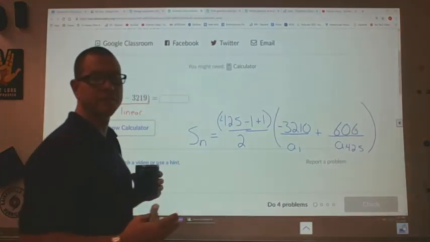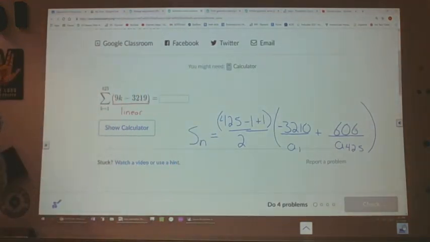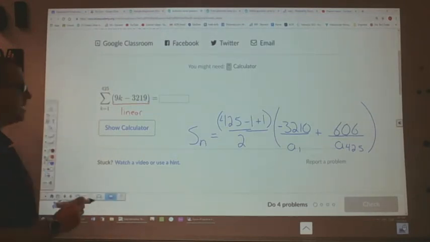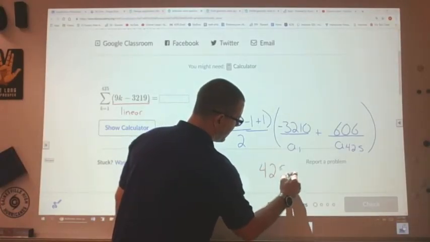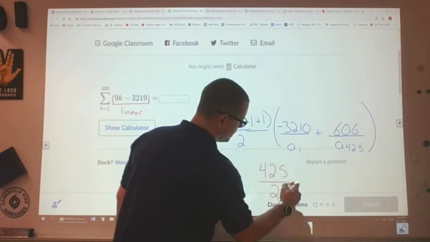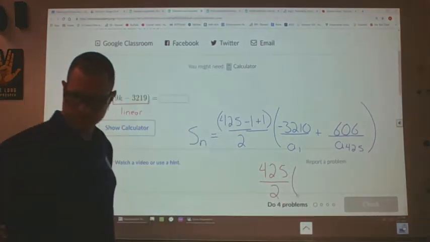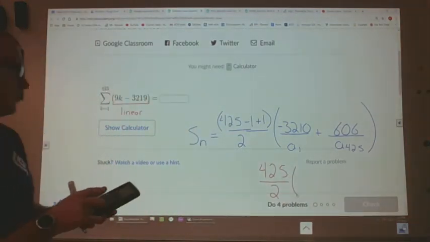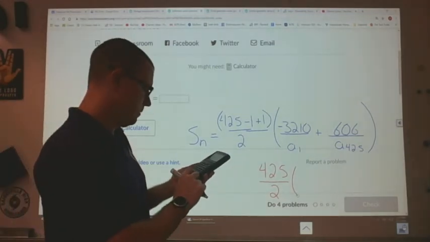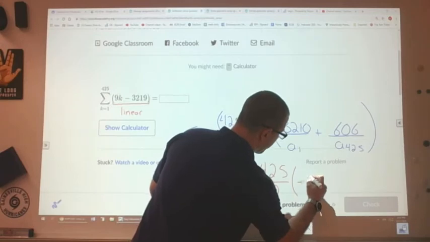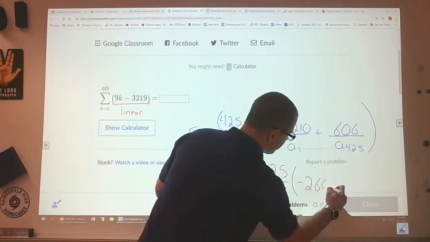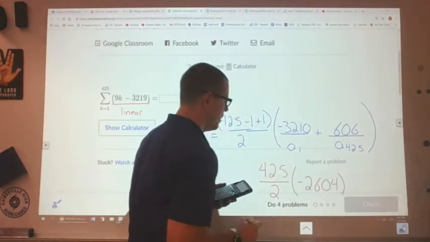So then I can just start evaluating this formula. Which would be 425 over 2 times negative 3,210 plus 606 is negative 2,604. And then I just evaluate that.